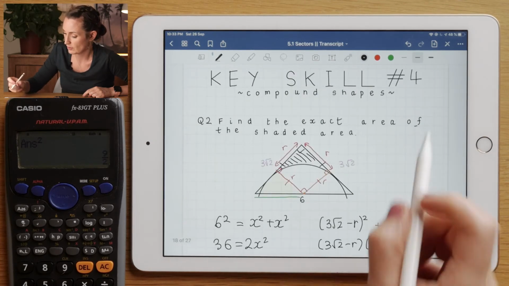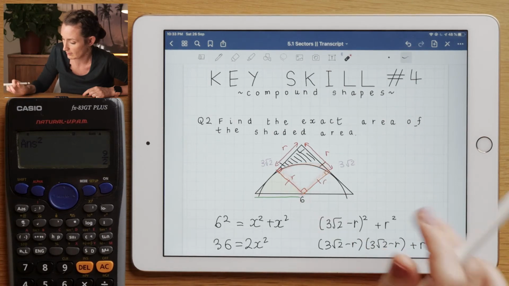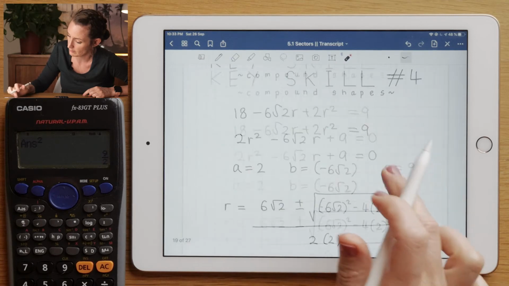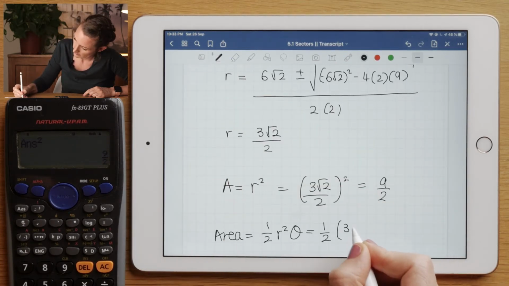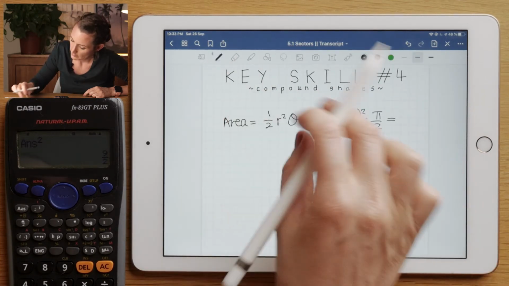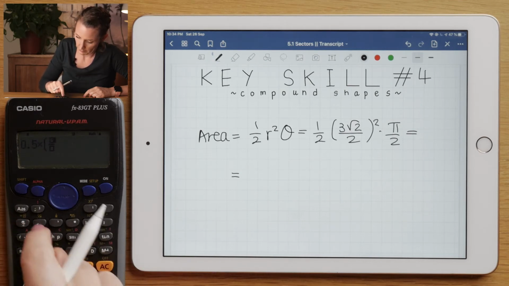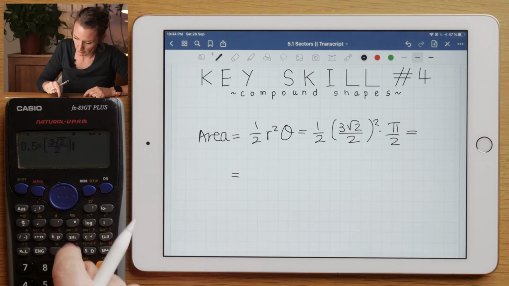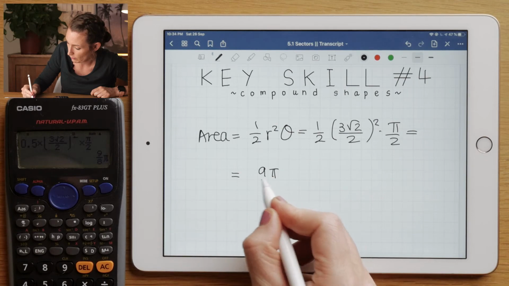And then you have to subtract the area of the sector. Now we know that that angle there is 90 and we know what r is. So the area of the sector is going to be 0.5 times pi times 3 square root 2 over 2, squared, which would be 9 pi over 8.